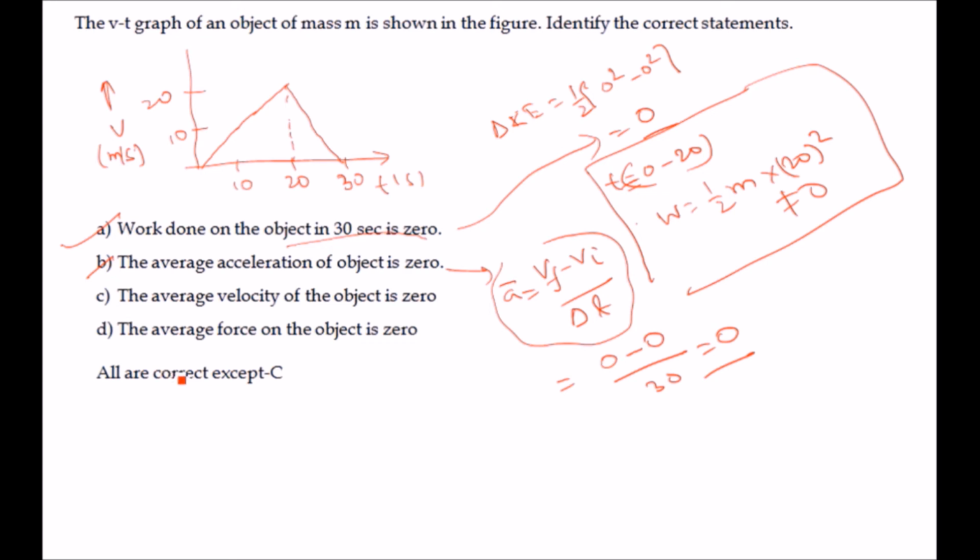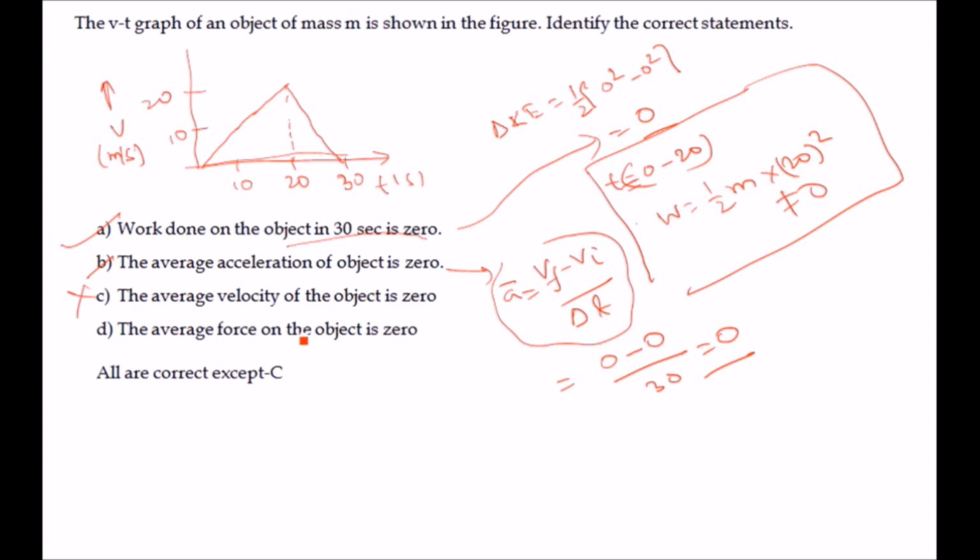Third statement: the average velocity of the object is 0. We cannot say the average velocity of the object will be 0, as the average velocity will definitely be greater than 0. The average velocity would be equal to 0 only if the average of this curve lay on the time axis, but the average of this curve clearly lies above the time axis, so this is false.